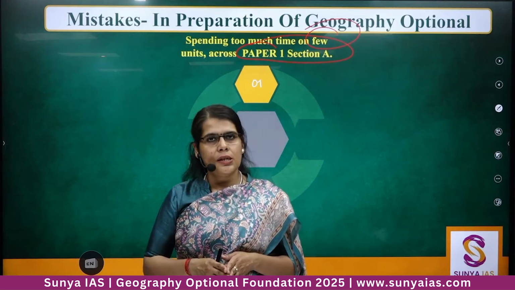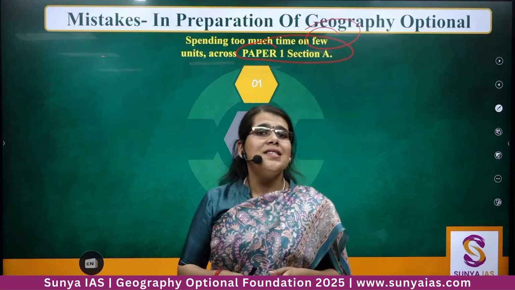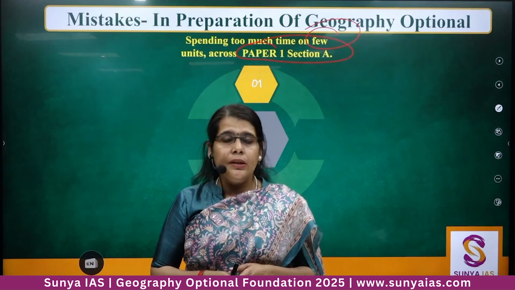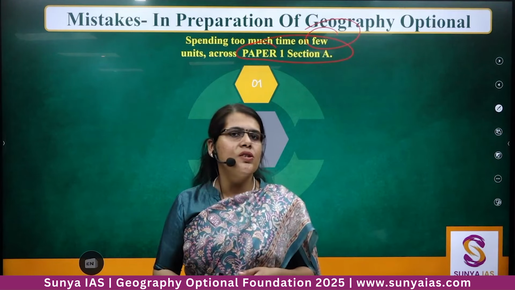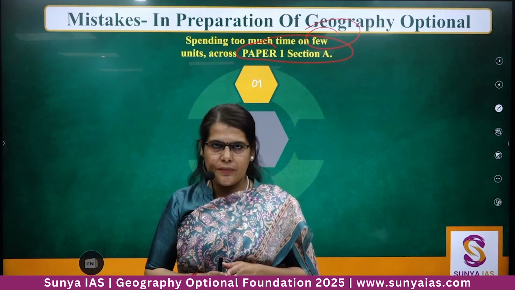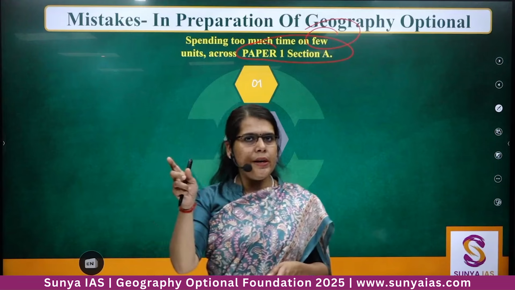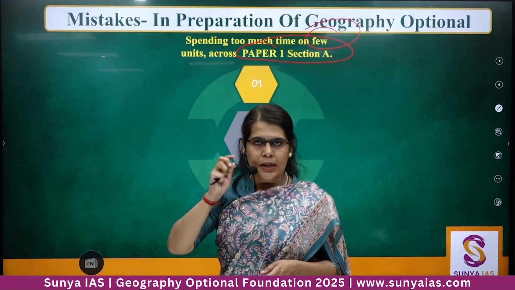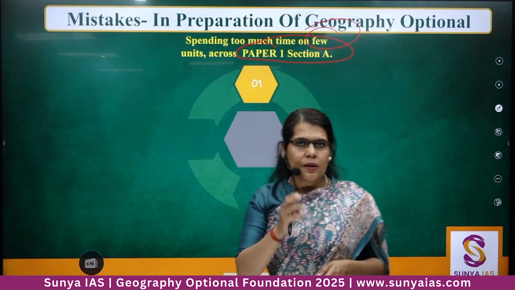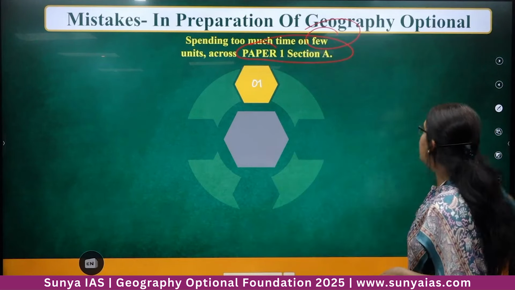Now my question is, if you are not studying the geographical thoughts and thinkers extensively, then how will you make your answer look like a geographical answer, bachcho? So let's eliminate the first mistake, that is focusing only on a few units. In section A paper 1, you must focus on those topics as well which are very highly scoring, right?